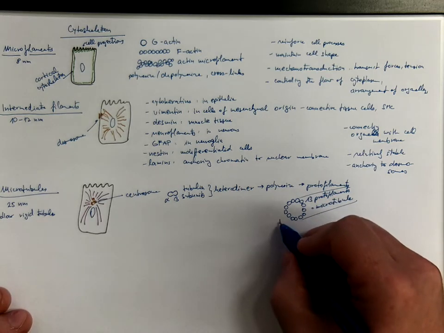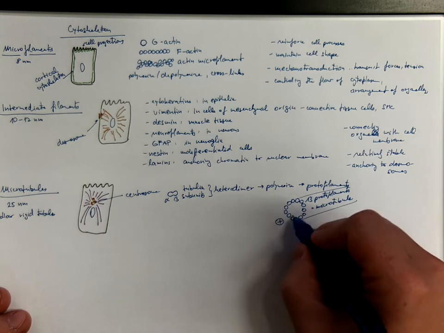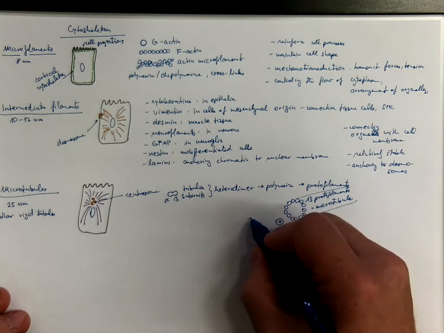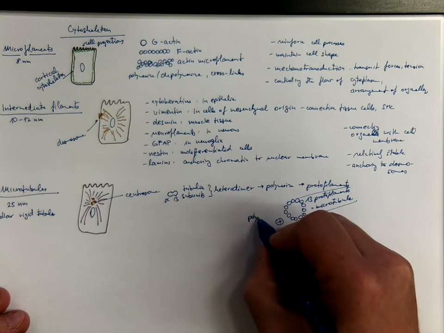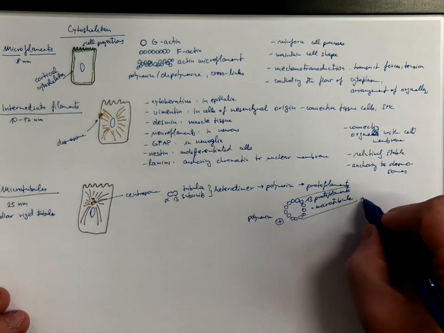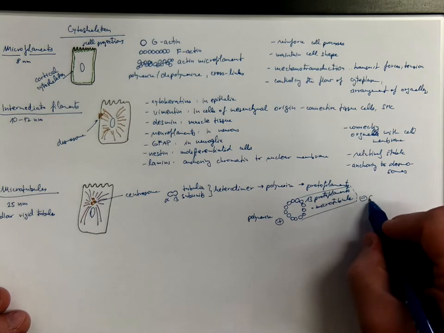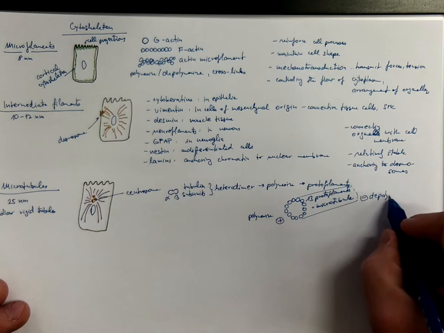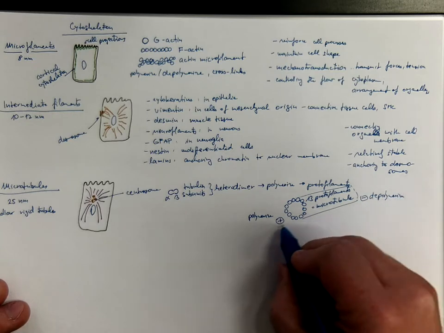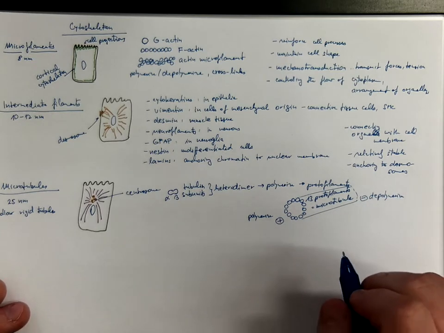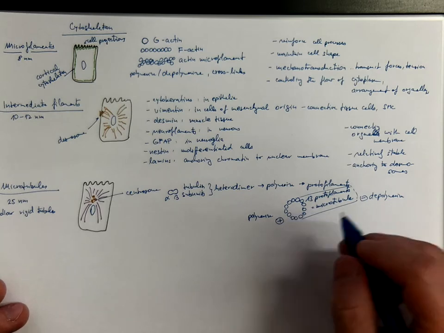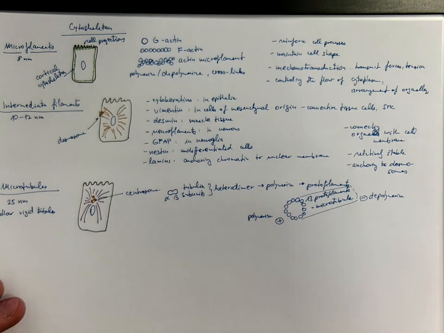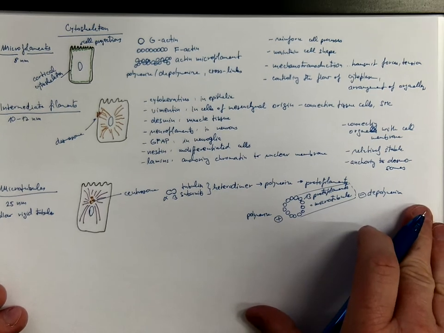There's a plus end where the structure can grow, polymerize, and there's a minus end with the opposite process, where the microtubule can depolymerize, therefore growing or not. The microtubules are sometimes forming doublets or triplets.